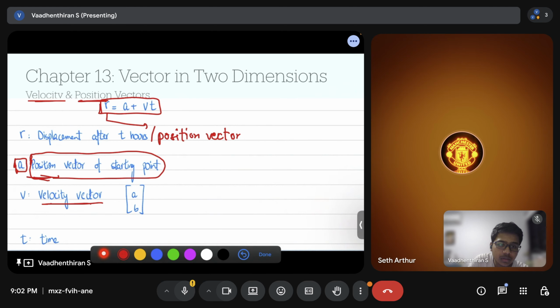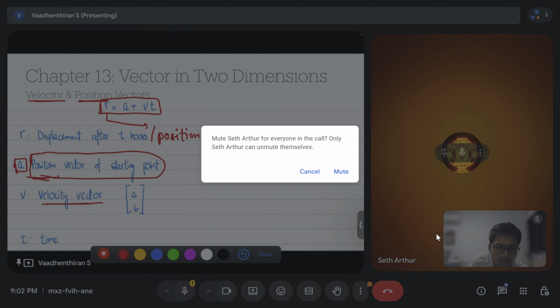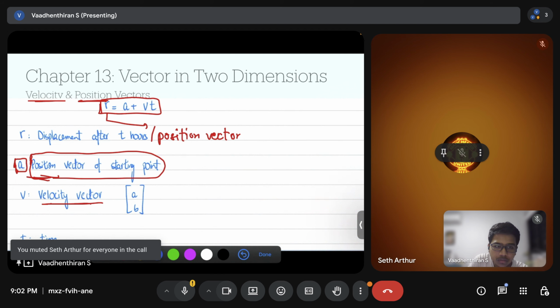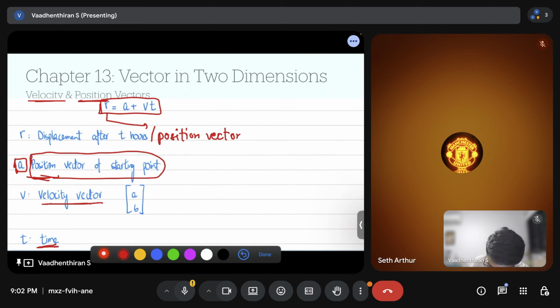If you have the velocity vector and time, you just multiply the velocity and time to get the position. Position means the displacement: how far the point is displaced from the origin or from the starting point.